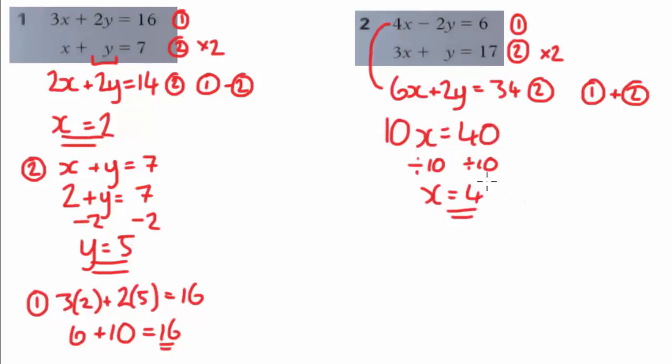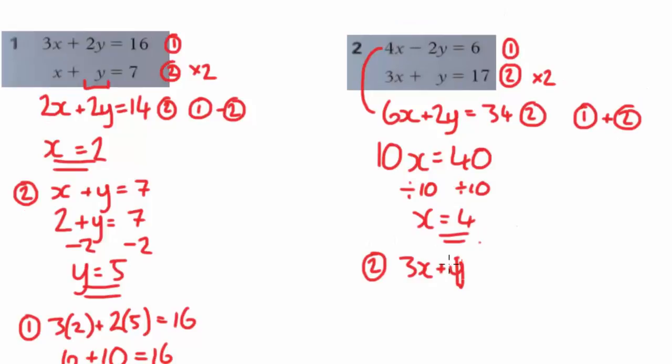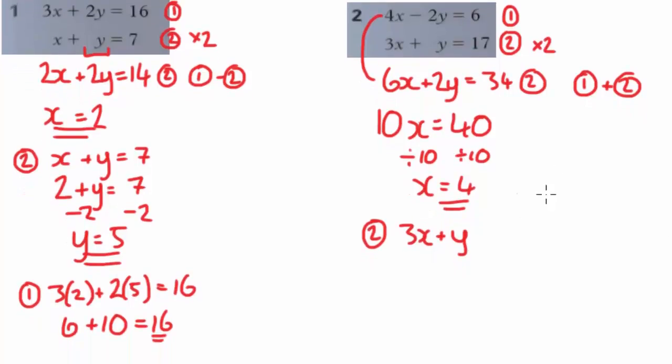Then what we can do is substitute this in. So I'm going to choose equation 2 just to substitute it in. That's 3x plus y equals 17.